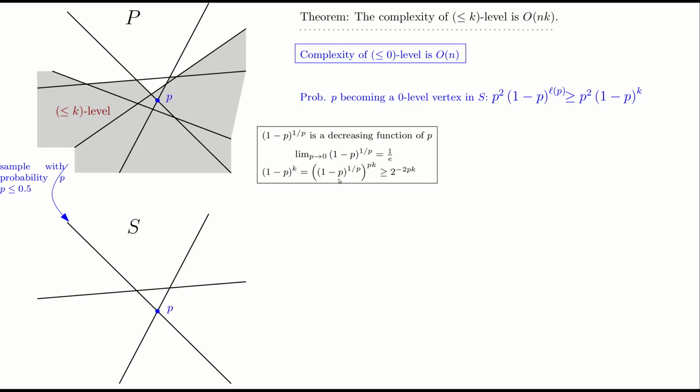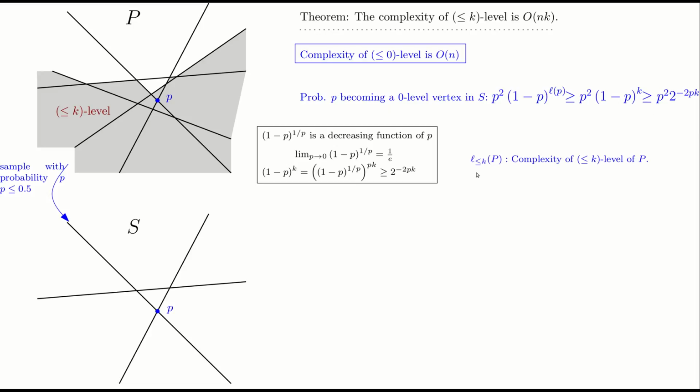Since p is at most 1 over 2, this term is at least its value when p is set to 1 over 2. So inside here, if p is 0.5, this term will be 0.5 squared. Or alternatively, we can write it as 2 to the power of minus 2 times p times k. So we can show that (1 minus p) to the power k is at least this much. And so we obtain that the probability of P becoming a 0 level vertex in S is at least this much.